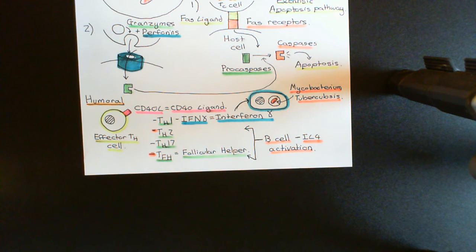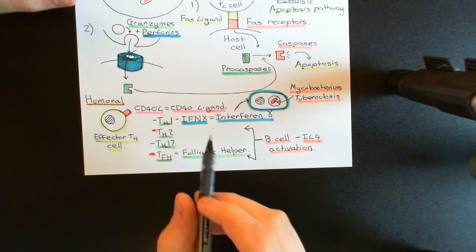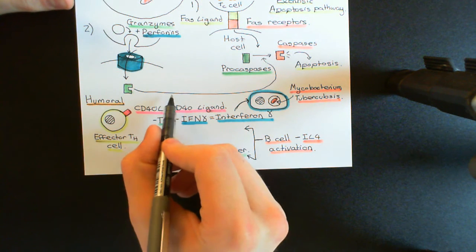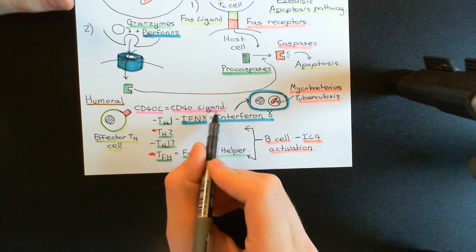These will go to the infected site and produce interferon gamma, and this will give the macrophages permission to use more drastic mechanisms to kill the pathogen. So that's another function of the T helper 1 cells alongside their function in activating B cells.